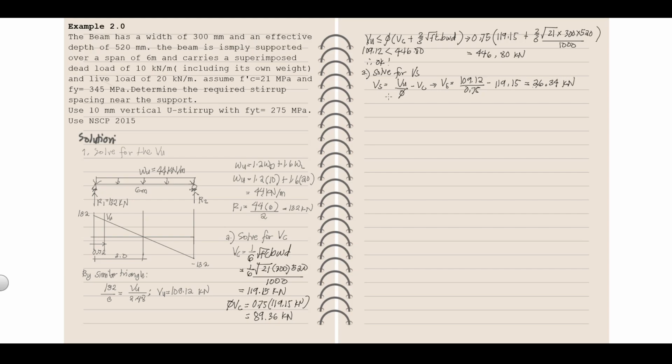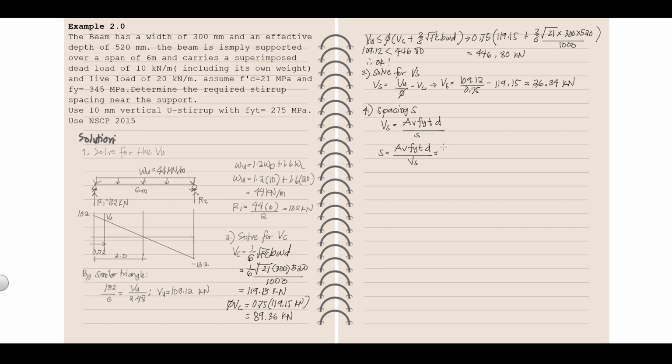Alright. So next, after solving for Vs, spacing na po tayo. So spacing S. So from the formula Vs is equal to AV FYT D all over S. Or pwedeng direct na tayo. S is equal to AV FYT D all over Vs. Okay?